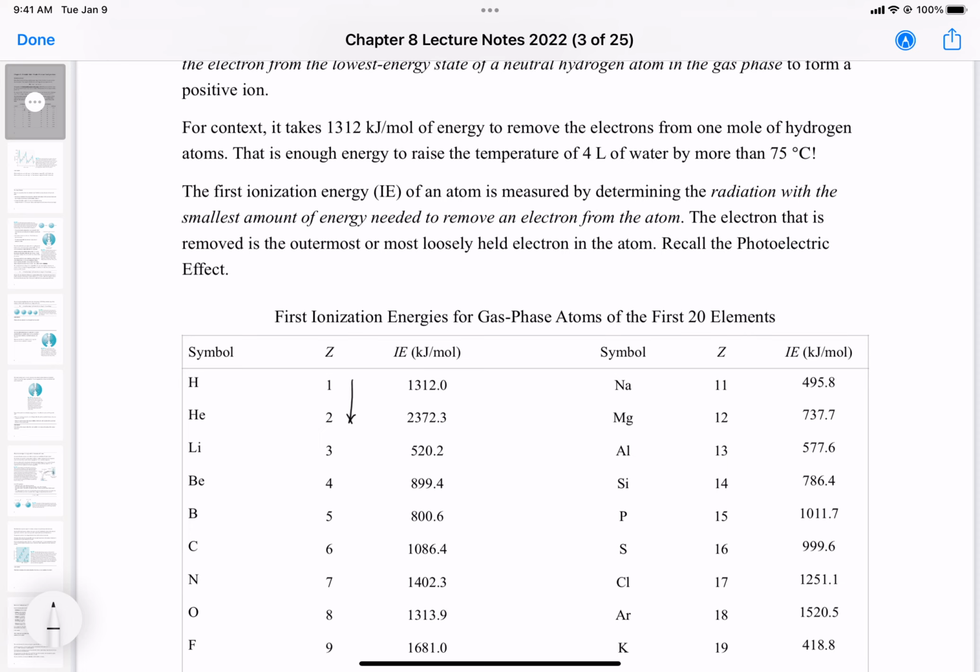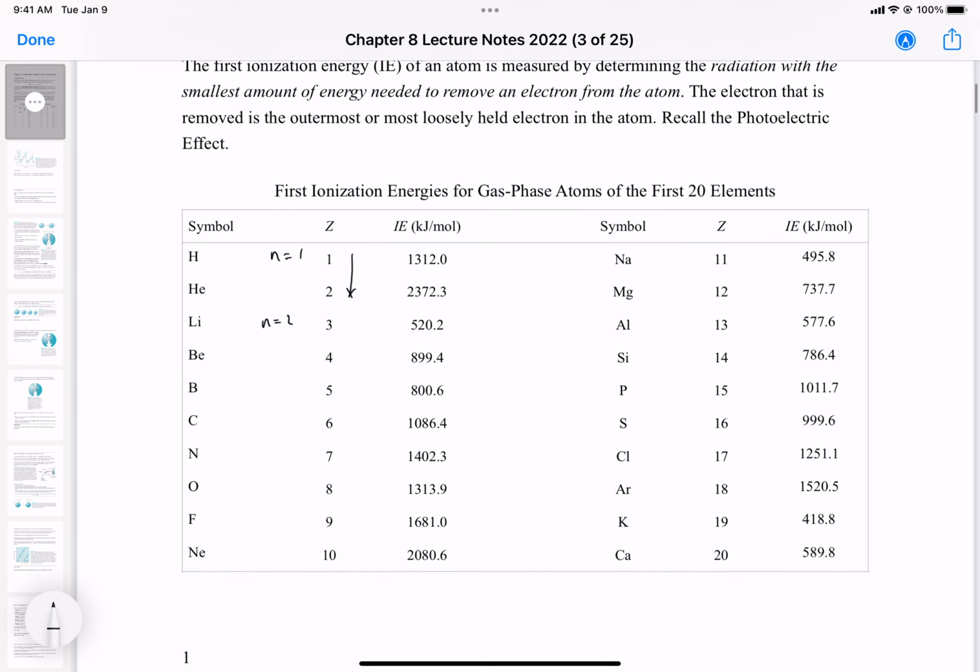And then when we go to lithium, this is the start of the n equals 2 level. And then when we go all the way down to sodium, that's the n equals 3 level. And you see here the ionization energies, as you go across the row from 1 to 2, it generally increases. And then when we go from lithium to neon, it generally increases, but there's a little bit of a gap here, going from beryllium to boron.